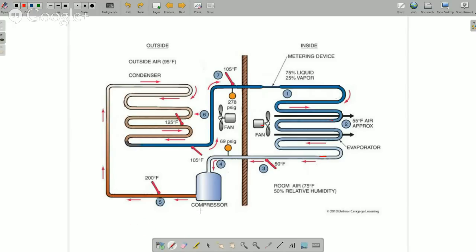All right, so we will start again at the compressor, and we have our high pressure, high temperature vapor refrigerant leaving the compressor. It may have superheat, it may not have superheat, but it will begin to de-superheat if there is any, and we'll look at that on the flip side.